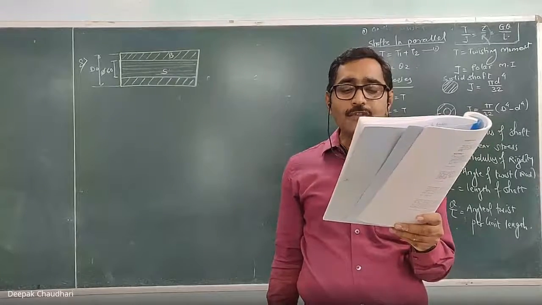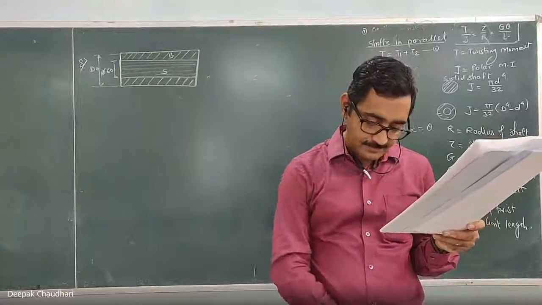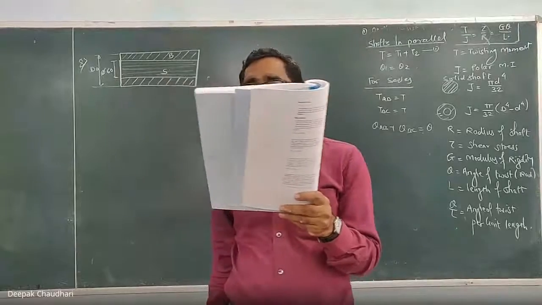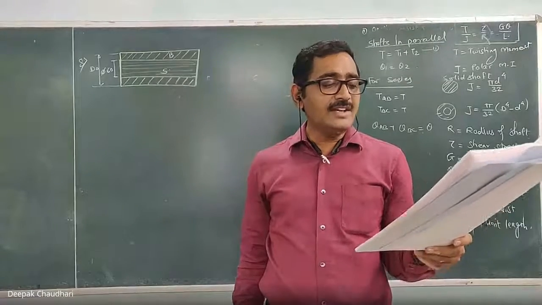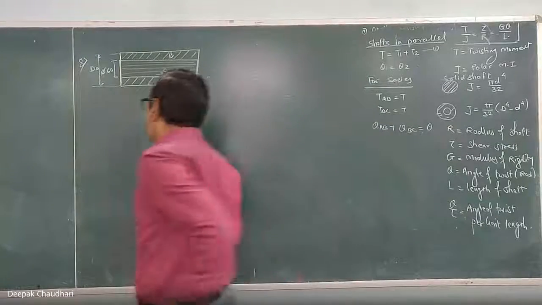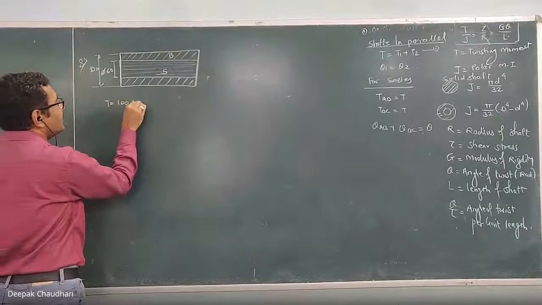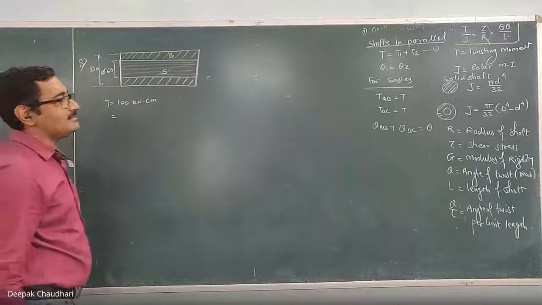Then a torque of 100 kilonewton centimeter is applied on the composite section and is shared by the materials. How much is the total torque applied? The total torque applied is 100 kilonewton centimeter. Let's convert it into Newton millimeter.